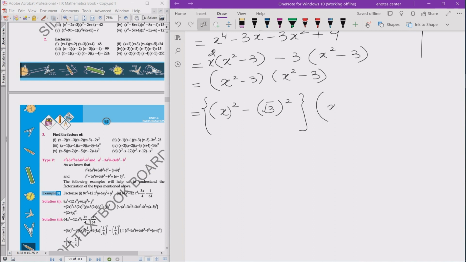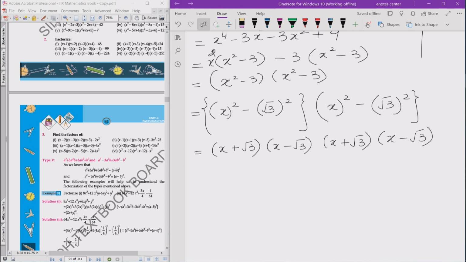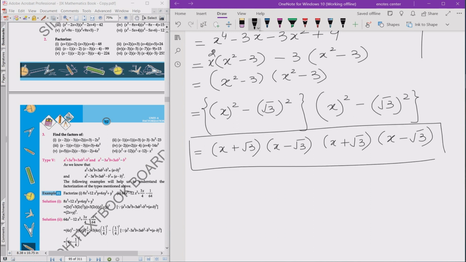Again we have x square minus root 3 whole square, and we will see (x plus root 3)(x minus root 3)(x plus root 3)(x minus root 3), right? So these are the factors of this question.